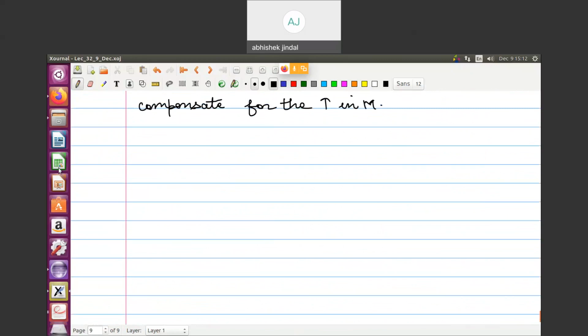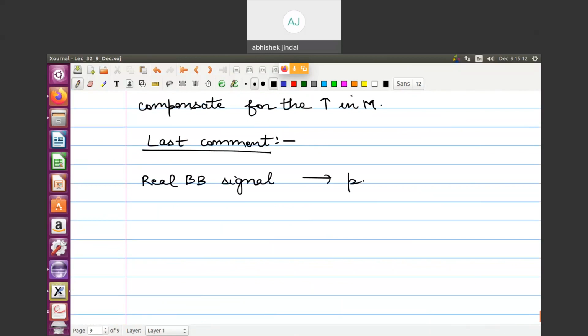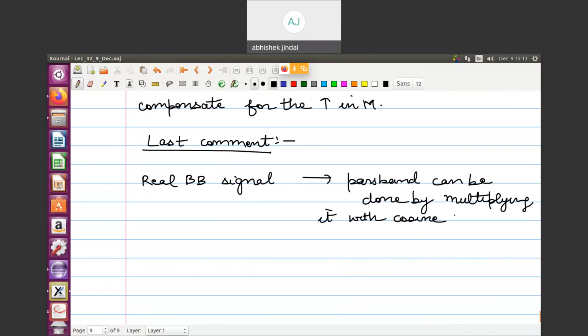One last comment. A real baseband signal can be converted to passband by multiplying it with a cosine function of a high frequency.